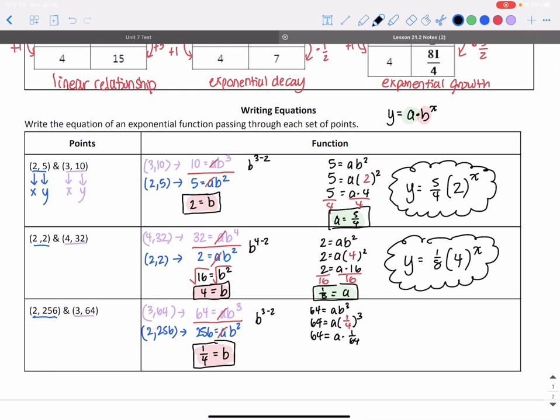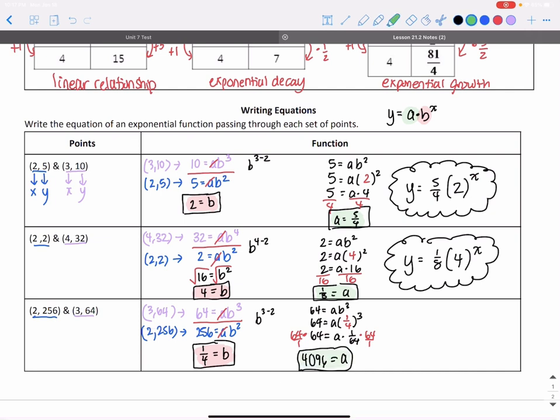I'm going to multiply by 64 on both sides, because technically I'm dividing a by 64, so I cancel that out by multiplying by 64 over 1, and I get a is equal to 64 times 64, which is 4,096. So 4,096 is my starting value, or my initial amount.